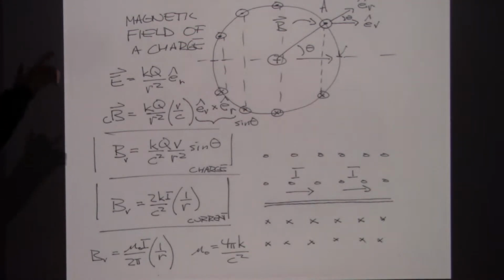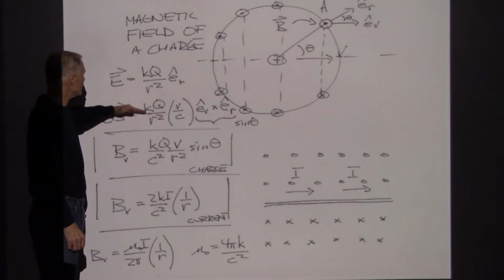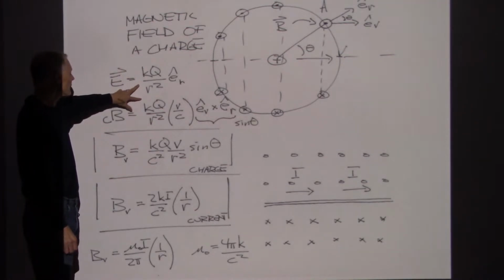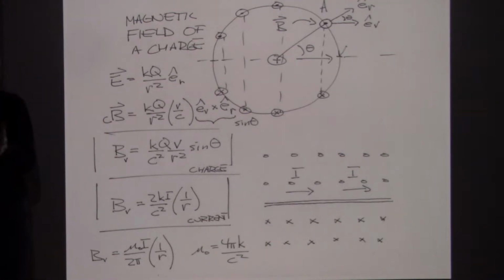And so I am going to stick with using little k. The textbook is going to be using, I think, mu naught almost exclusively. And that's the conversion between the two. Again, I'm going to stay with little k because by using little k throughout, what that's going to help us do is see the similarities between the electric and magnetic fields. These are coming from the same sources.